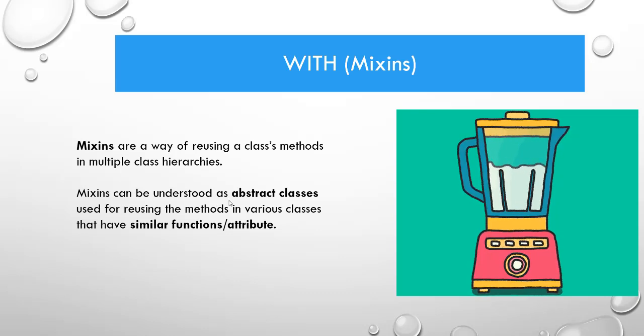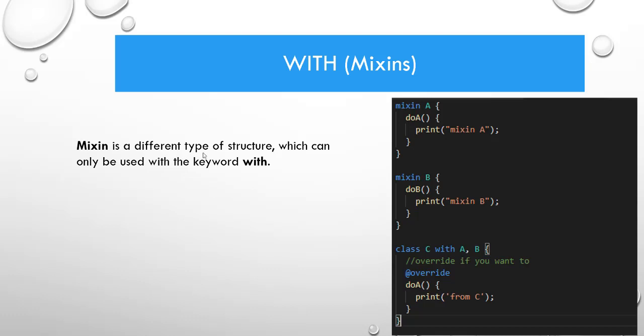Mixins can be understood as abstract classes used for reusing the methods in various classes that have similar functions or attributes. Mixin is a different type of structure which can only be used with the keyword with.